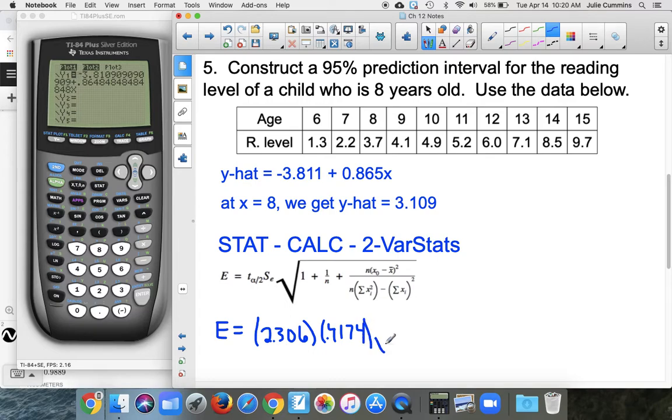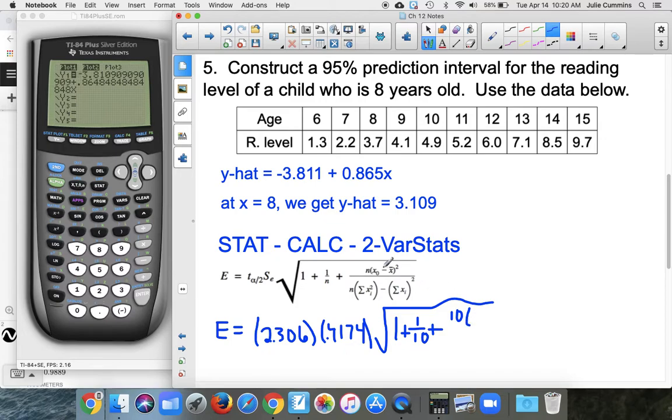All right, and then we have the square root of 1 plus, n is just the number in our sample, so that's 1 over 10.